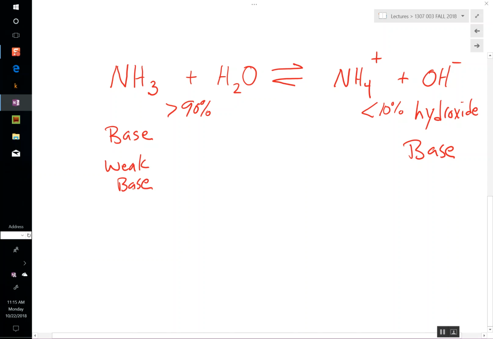If you bubble this into water, you'd get a pH of approximately, I'd say about 9.5. Remember, what's the highest pH you can get? 14. Can't get any higher than 14. You put sodium hydroxide in water and you get a pH of about 12 to 13. Very high pH, very basic, strong base. Ammonia is a weak base.